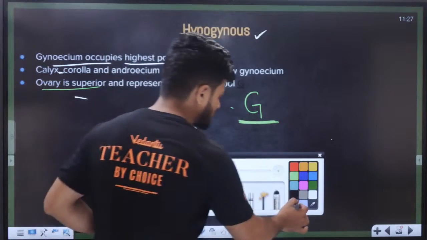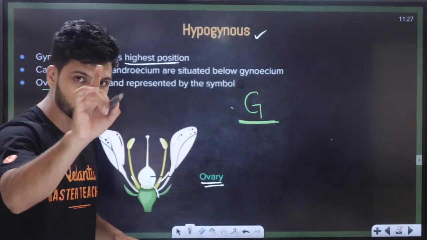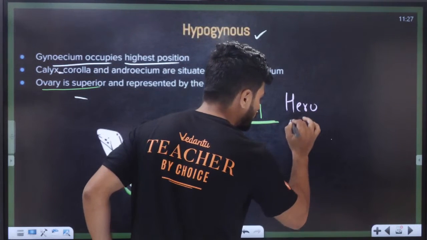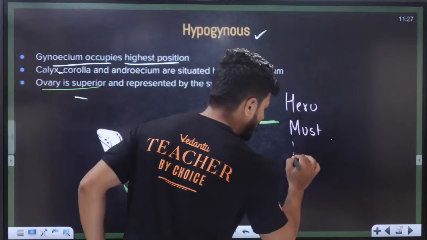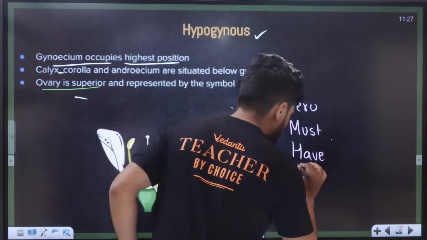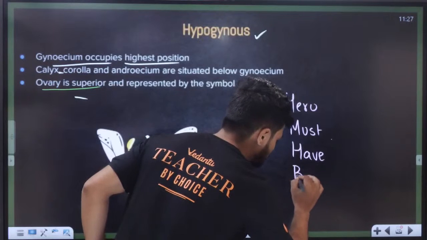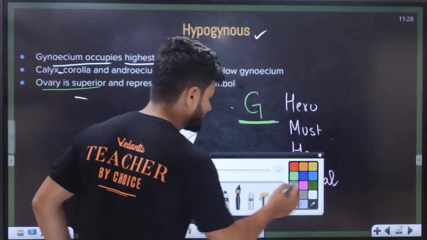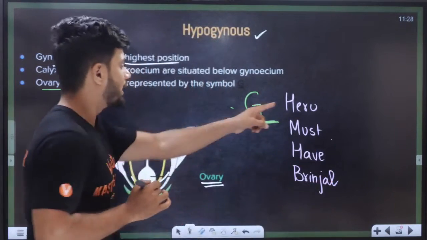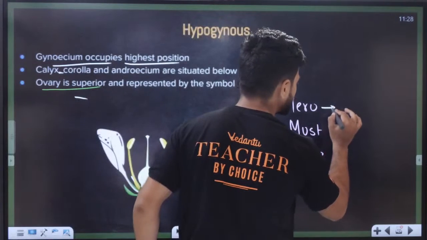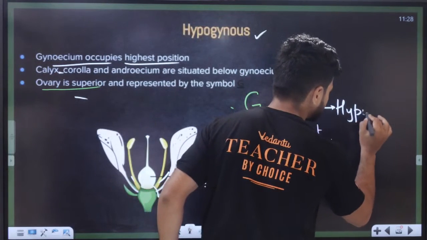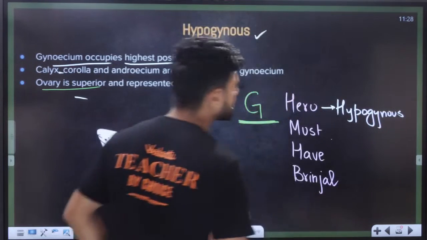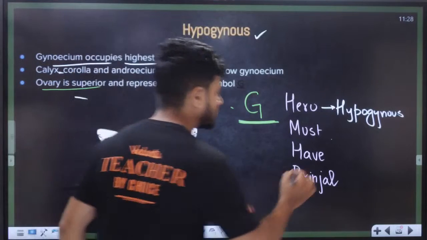Now the small trick to remember the examples. Examples are very important. The hero must have brinjal. Now, what is the meaning of this? Understand, students. H stands for hypogynous. M stands for mustard.